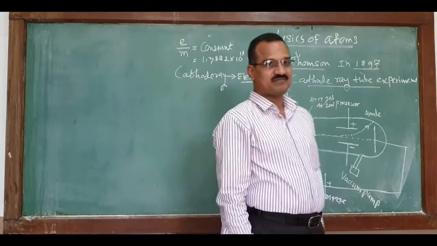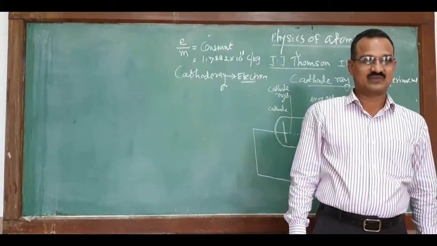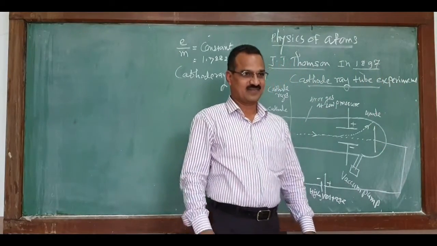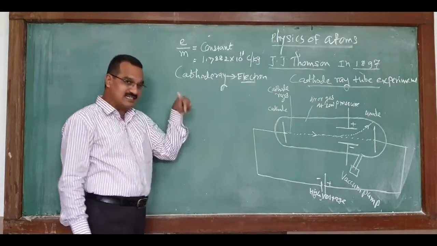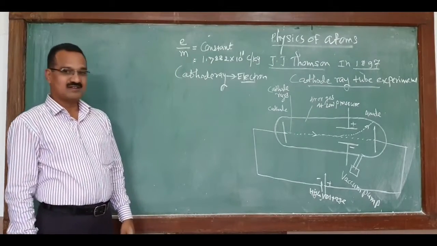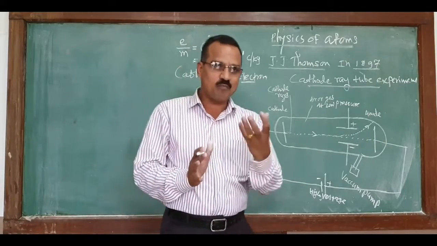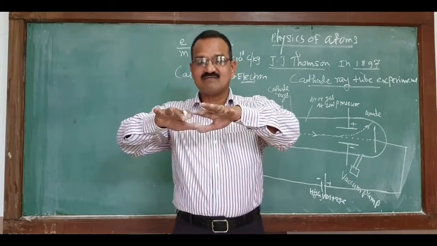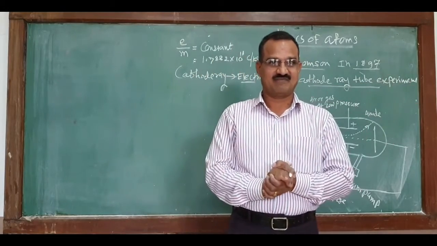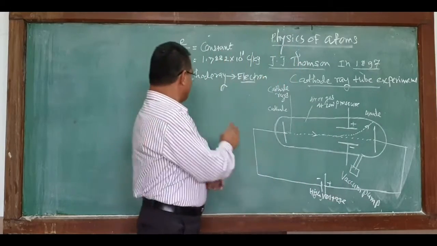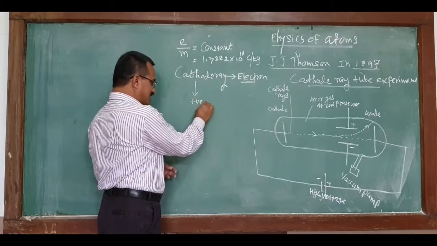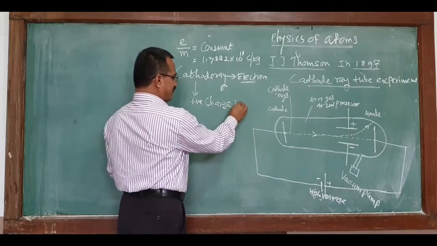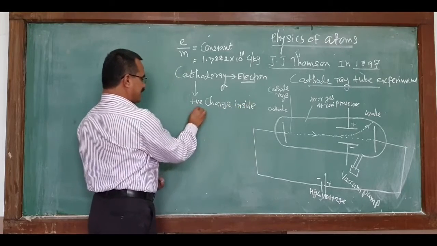But at that time Thomson knew the atom is electrically neutral, and that's why he reasoned there must be some source of positive charge within the atom to balance the negative charge of the electrons. It means that positive charges are also inside the atom.